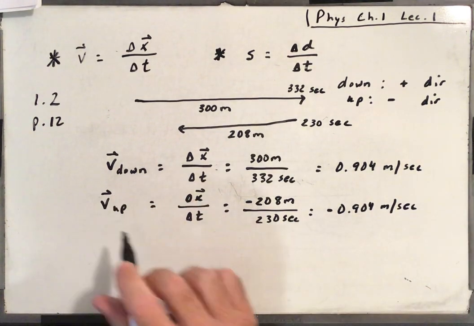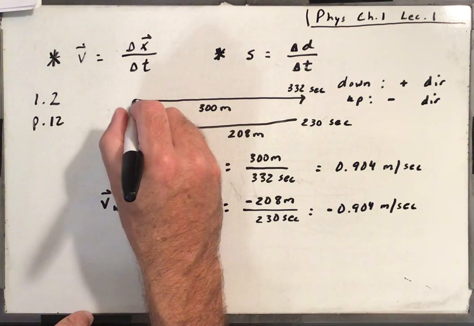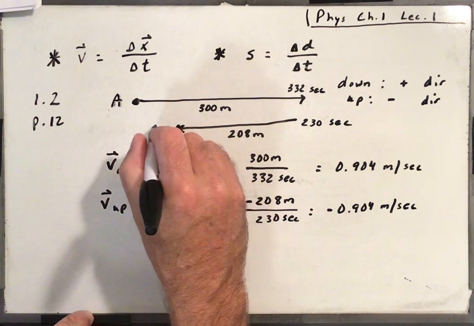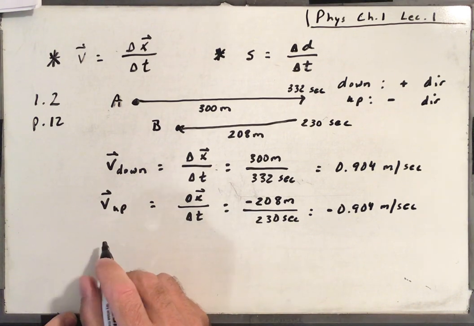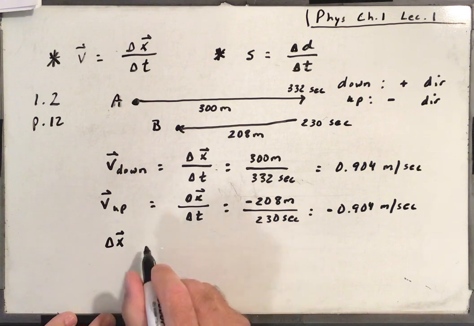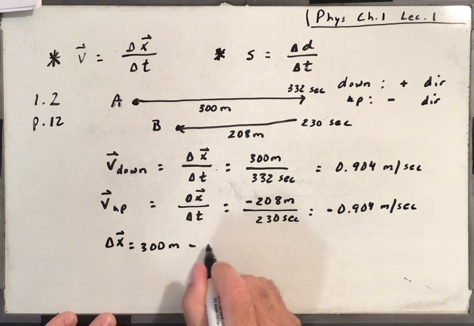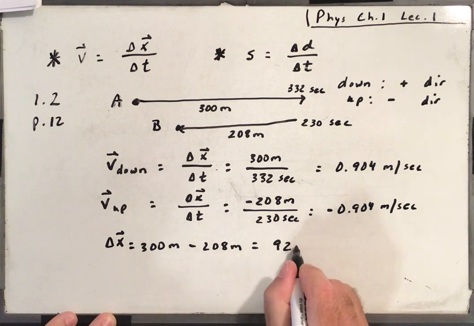So that's the velocity down, the velocity up. Now the velocity for the whole trip, remember, is the shortest distance from start to finish. So if we call this A, we call this B, the displacement for the whole trip is going to be 300 minus 208. So that's 92 meters.